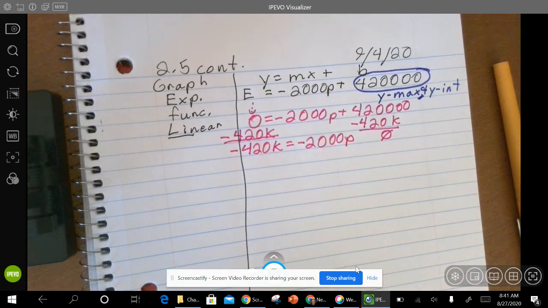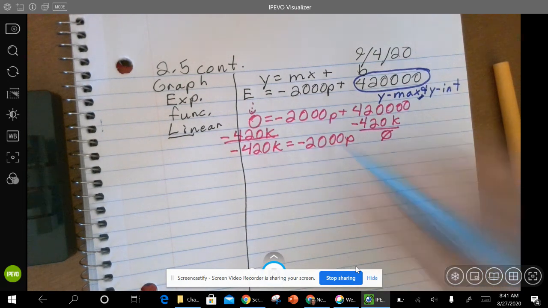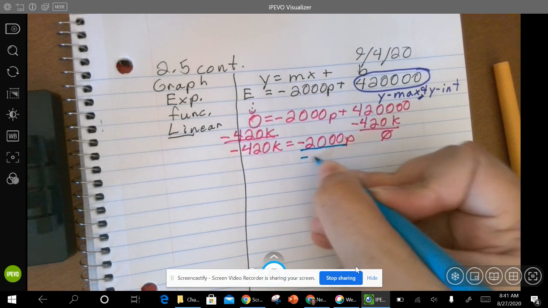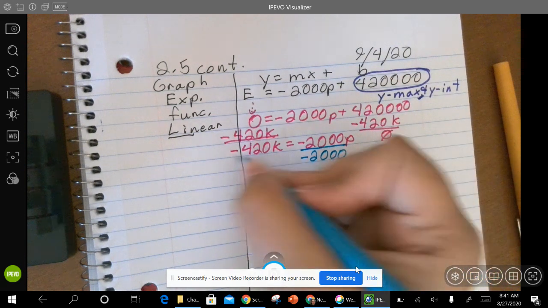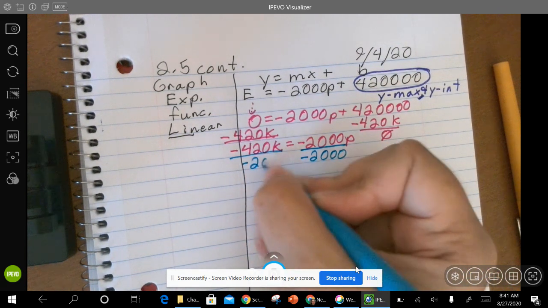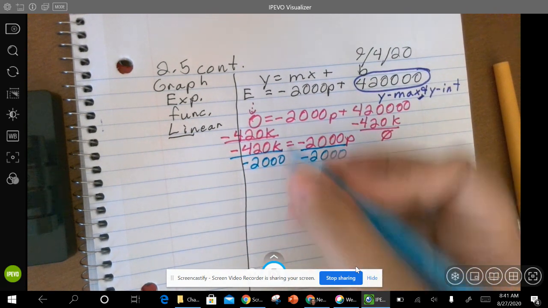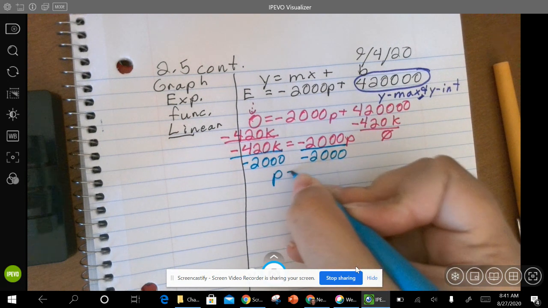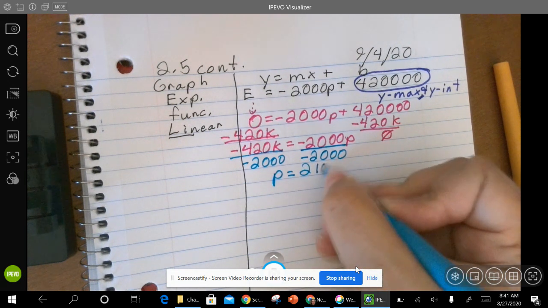So now we go ahead and divide each side by 2,000, and we're going to get the price is equal to 210.